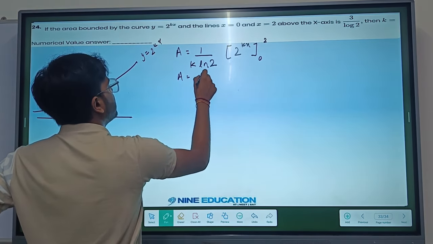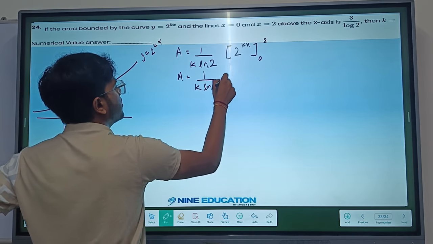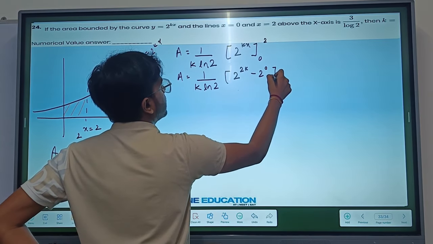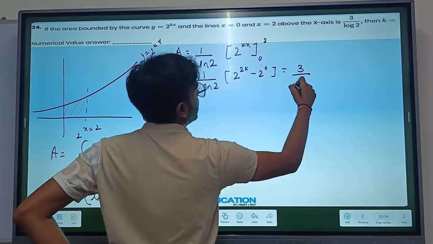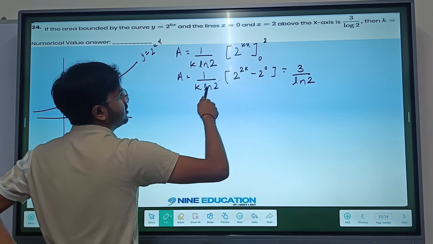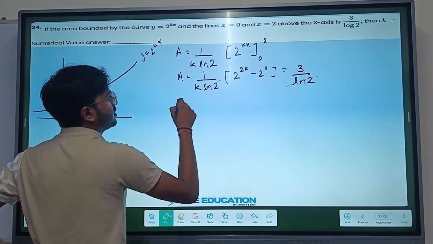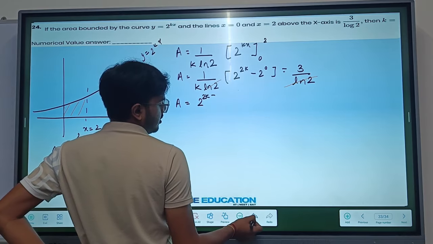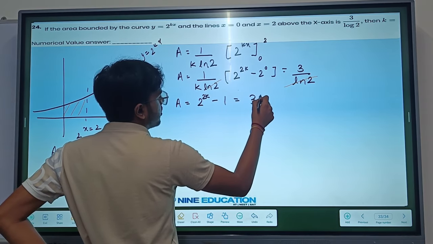So area would be 1 by k ln 2 into (2 power 2k minus 2 power 0), and this is given as 3 by log 2, that is ln 2. So ln 2 cancels, so 2 power 2k minus 1 should be equal to 3k.